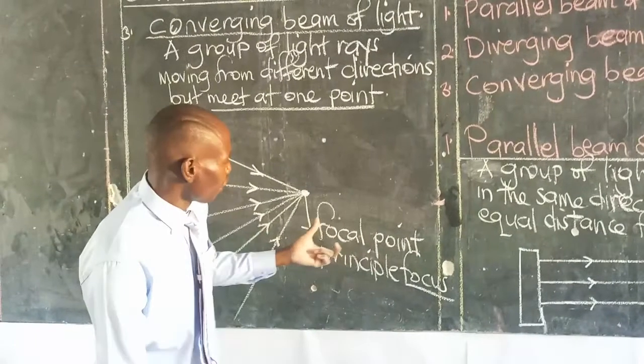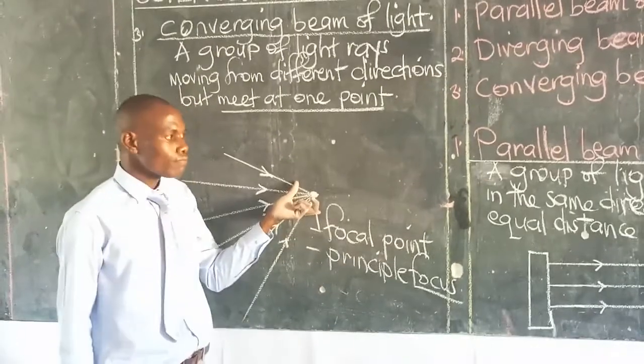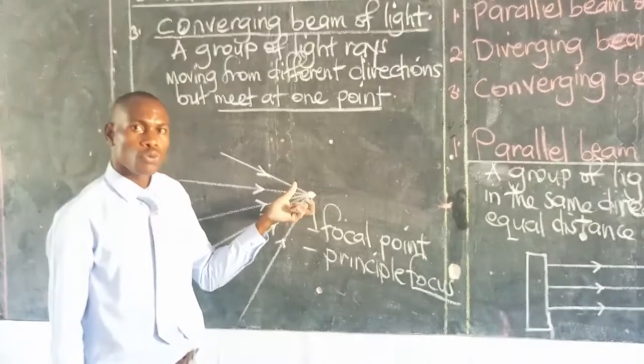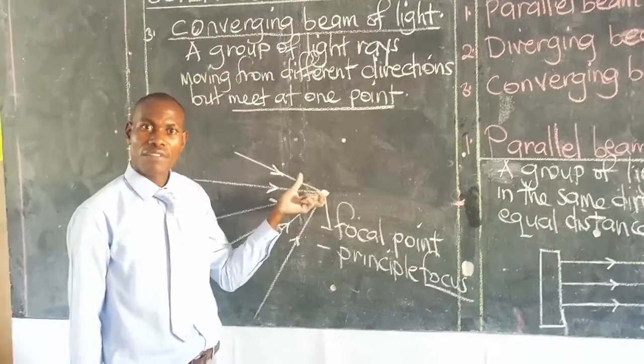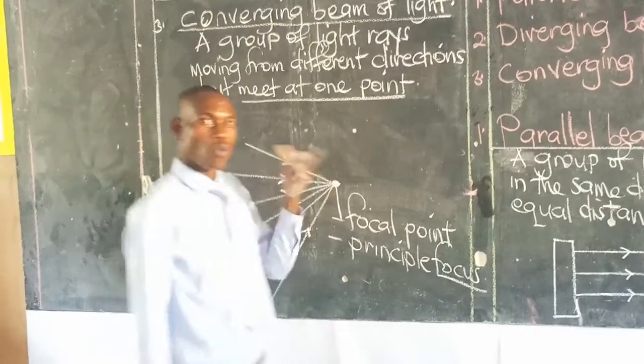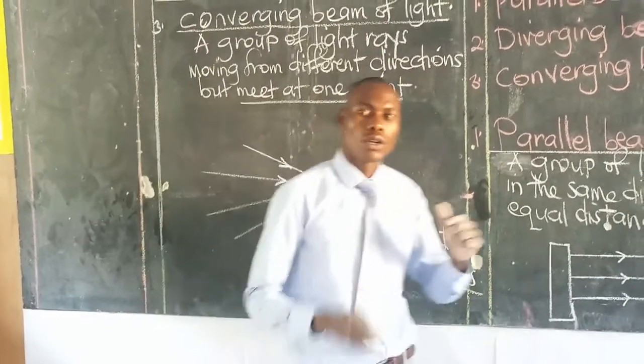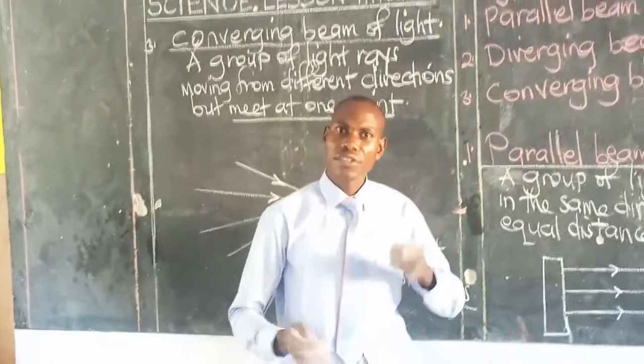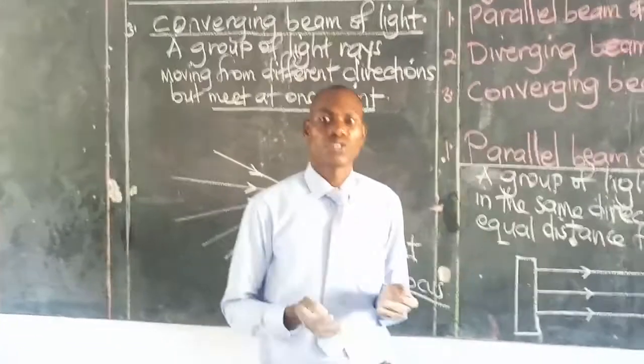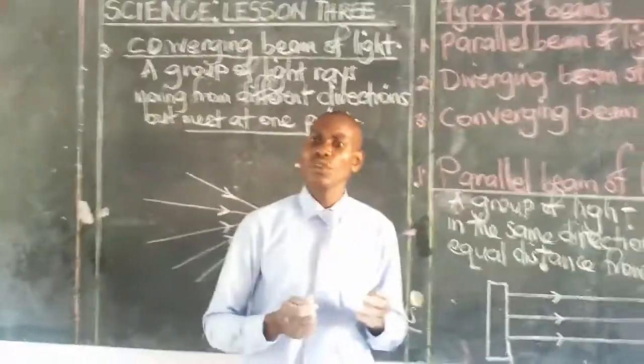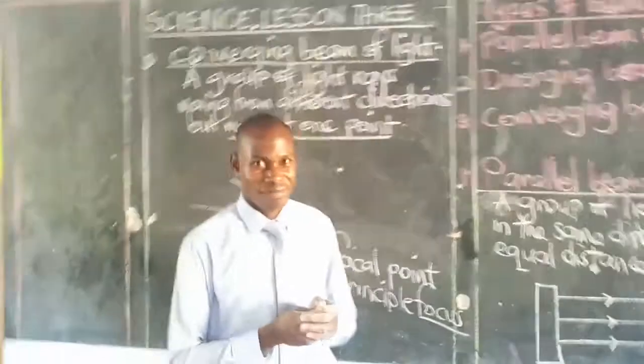Thank you very much, my children. Now, I want you to take note of the following. When we look at these rays, these beams, they must be of great value to us.